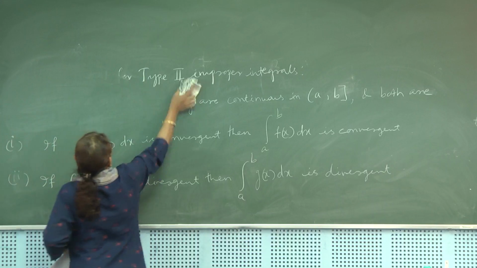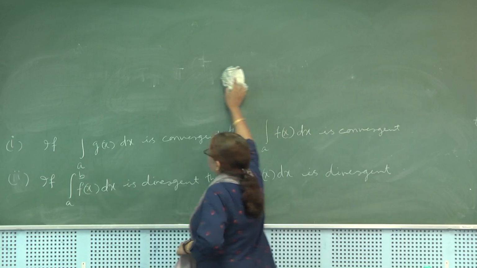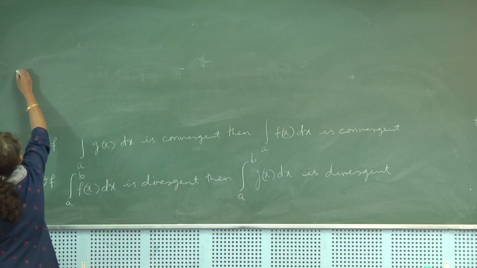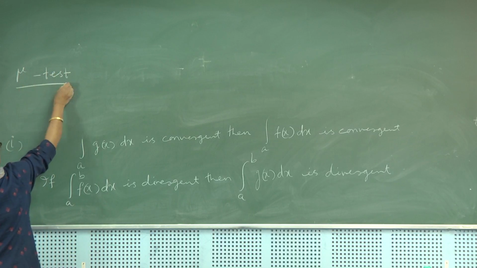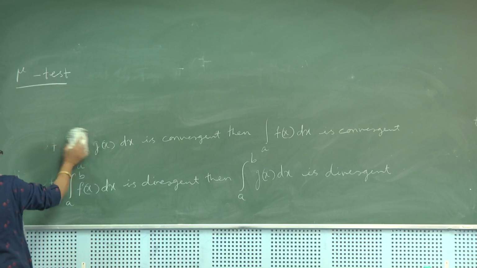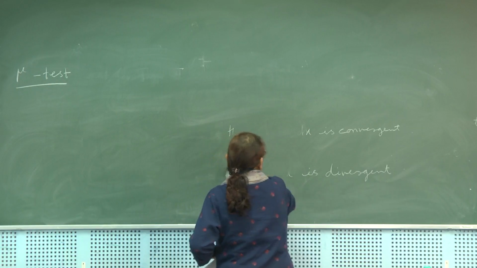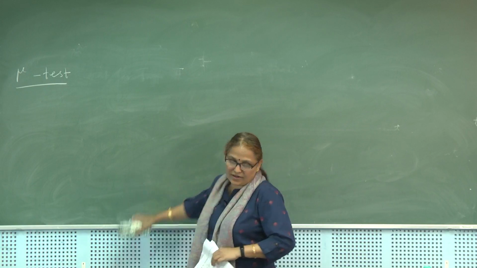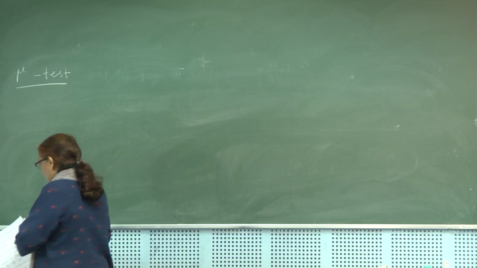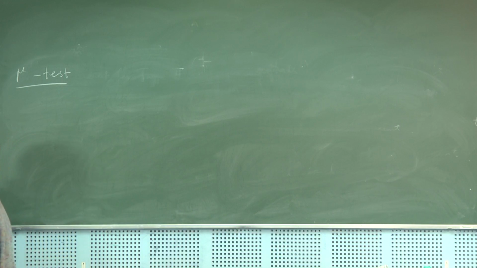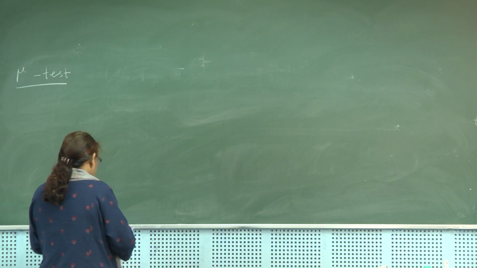Next we shall consider another important one that I have already told you, the mu test, which is very useful also. This mu will be a real number, and depending on this real number mu, we get the convergence or divergence of the improper integral.